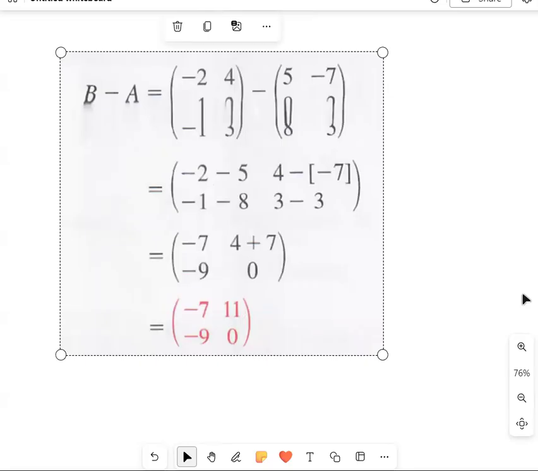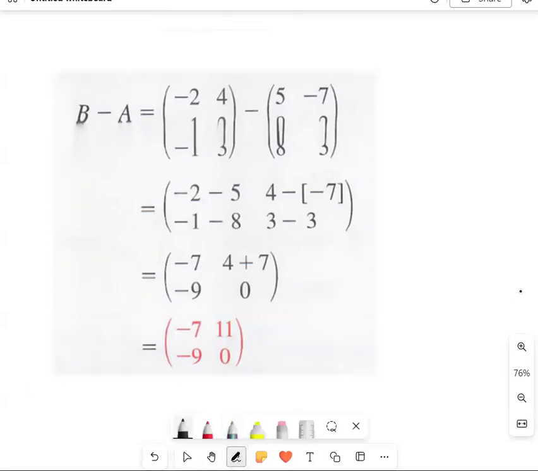Right, so I think what is happening here, this is supposed to be 3. This is 8. This is minus 3, right? No, that's 3. So he's subtracting now. So minus 2 minus 5, that's what you see here. 4 minus 7, that's what you see here.